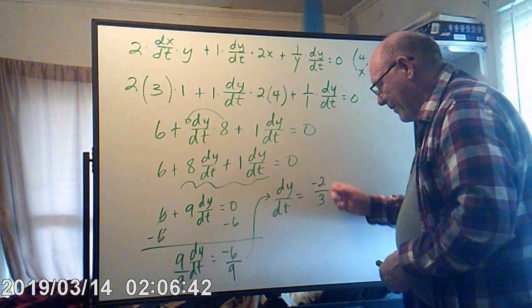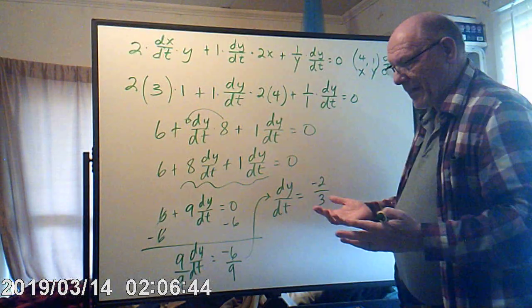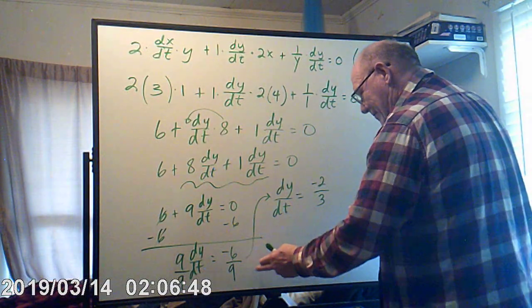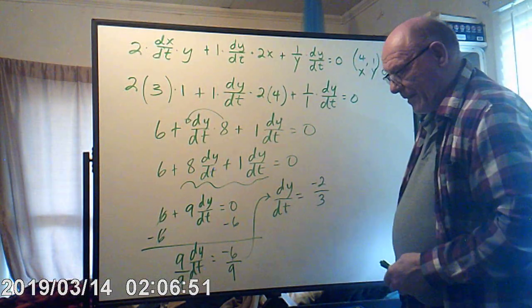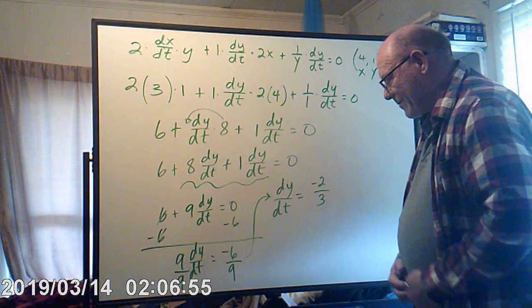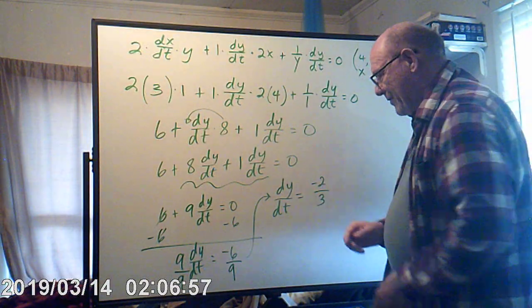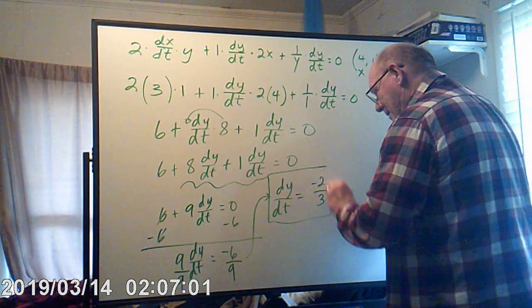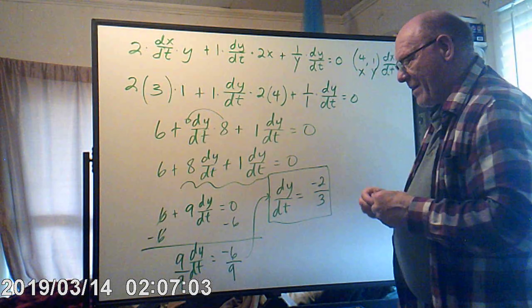Decreasing at a rate of 2/3. We don't have meters per second, I'm just saying. And I do think on the problem that you did have to reduce it to lowest terms. So 3 goes into 6 2 times, 3 goes into 9 3 times. Don't forget the negative sign. This is all you needed. You just needed to find dy over dt. You didn't have any units, so you don't have any units to put on there.